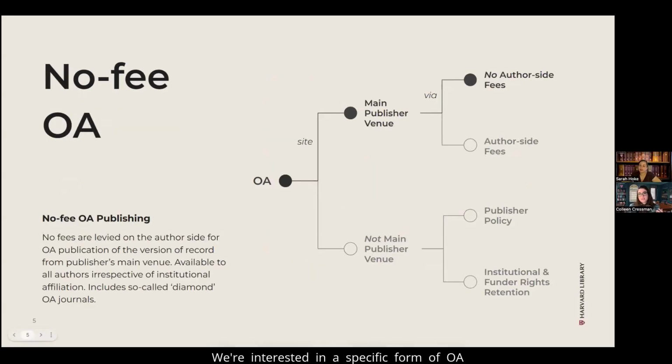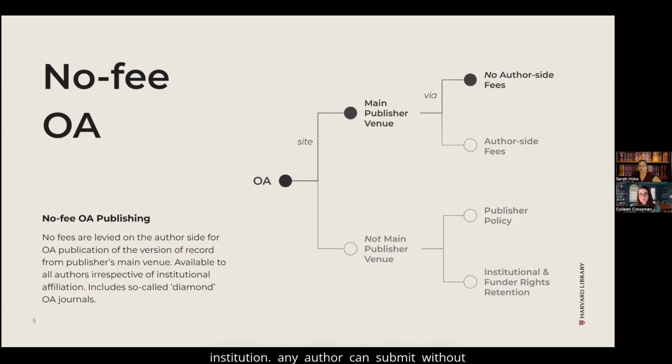We're interested in a specific form of OA publishing, often called Diamond OA, but which we refer to a little more descriptively, even if a little more generically, as no-fee OA. No-fee OA publishing is accomplished without levying fees on the author side for publishing the version of record open access from the publisher's main venue. Additionally, this sort of OA publishing doesn't turn on the author's affiliation with a given institution.